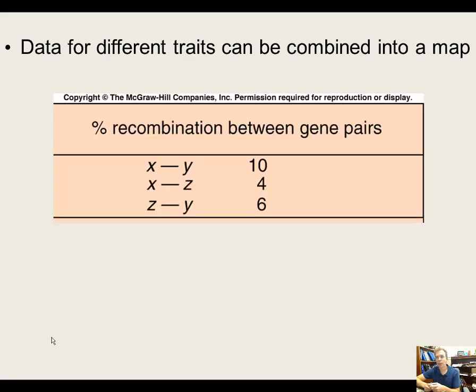Data for different traits can be combined into a map. Genes X and Y, let's say, were 10 map units apart. Genes X and Z are 4 map units apart. But genes Z and Y are 6 map units apart. So by doing these three crosses, X with Y, X with Z, and Z with Y, you can build up a map.